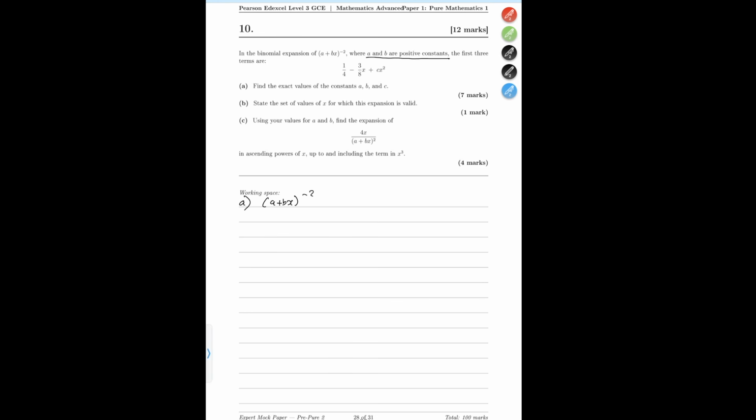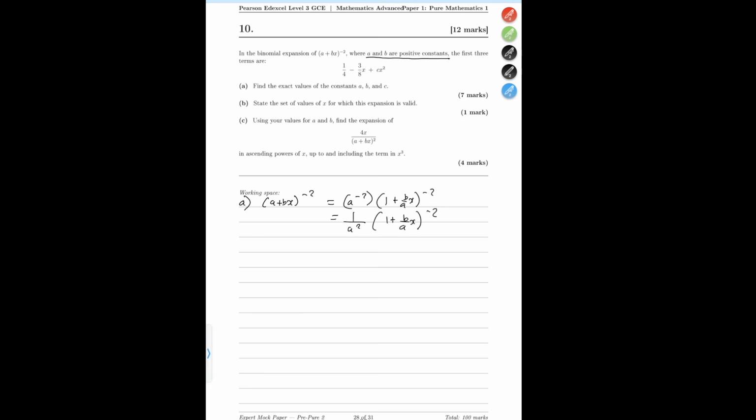Okay, so my first step here is let me take out the a from the brackets, because we have to have it in the form of 1 plus something x to the power of whatever. So it becomes 1 over a squared, 1 plus b over a x to the minus 2.